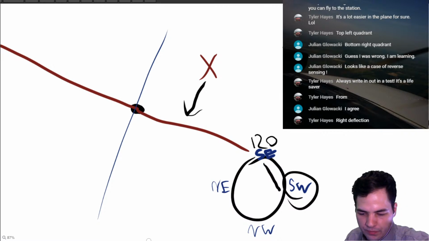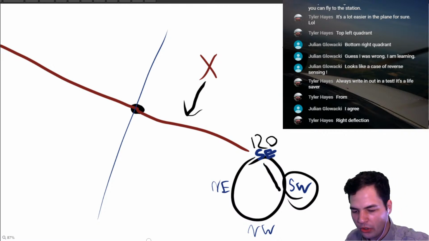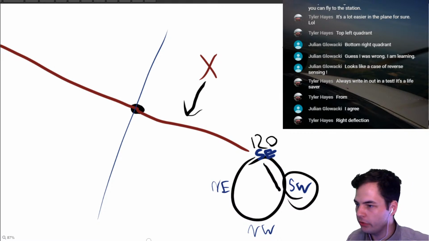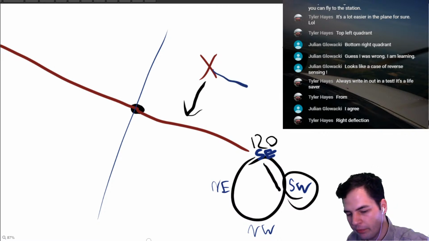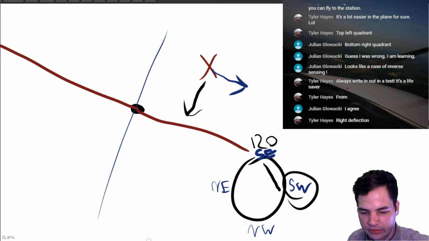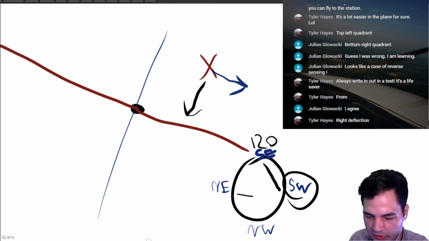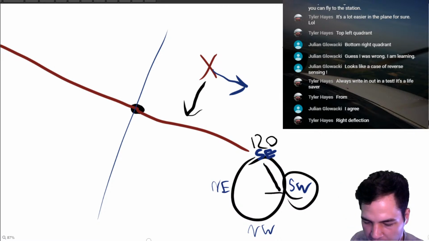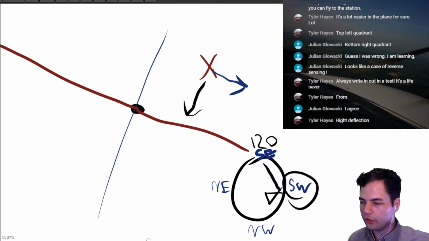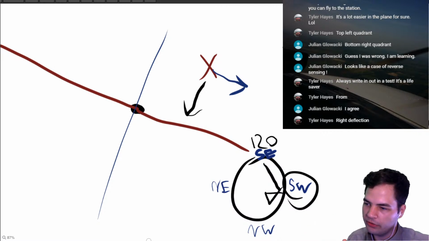And in this case, if we were to fly 120, the OBS setting at the top, if we were to fly that heading, we would get further from our to-from line, or further from the station. So that tells me a from indication. Well, it's not on that side, but I didn't want to draw over my other stuff. So it's a from indication with a right deflection on the needle.